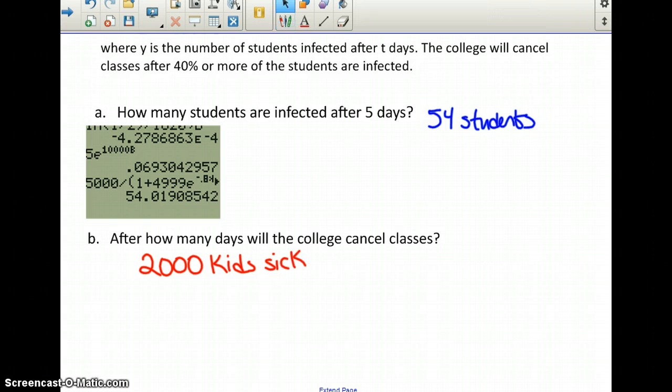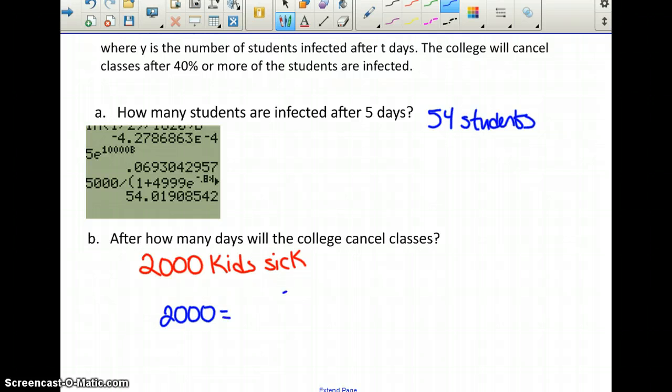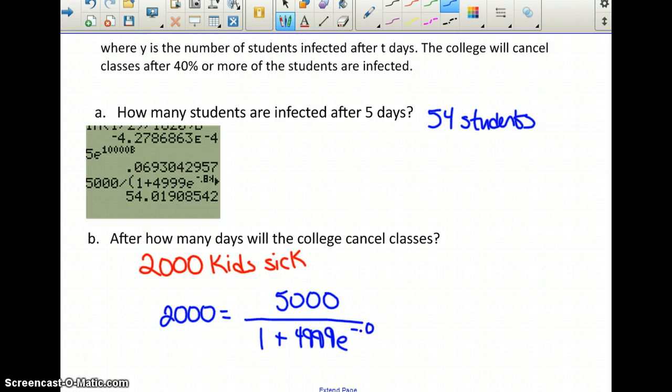So if there are 2,000 kids sick, then they're going to cancel classes. So we have 2,000 equals 5,000 over 1 plus 4999 e to the negative 0.8 t.